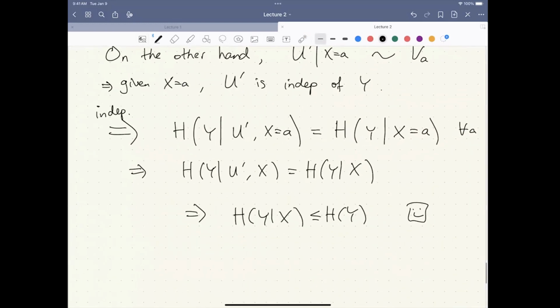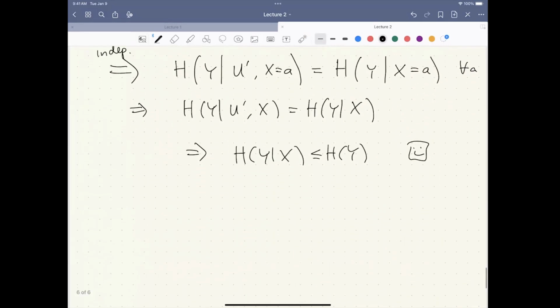This is dropping conditioning. The proof takes a couple of steps, but remembering it is easy. If you forget about what X told you, you can only increase the information you get from Y.